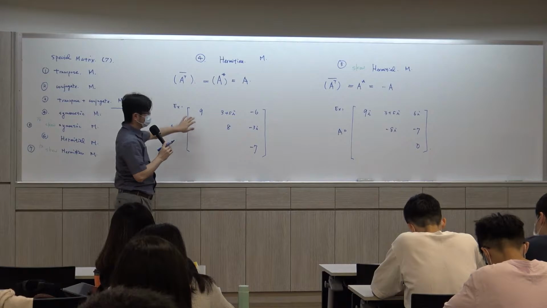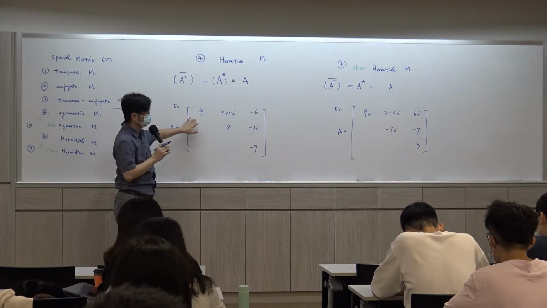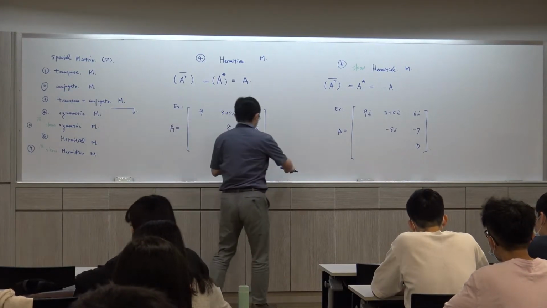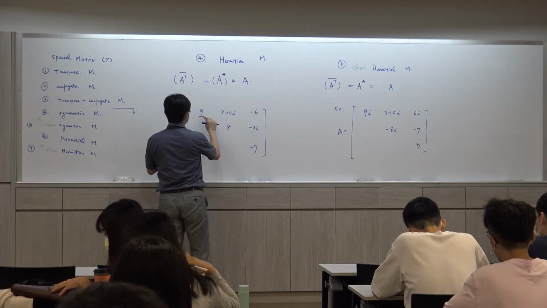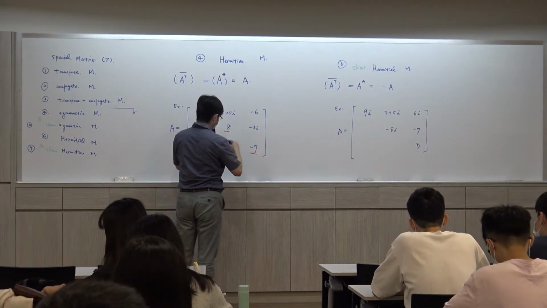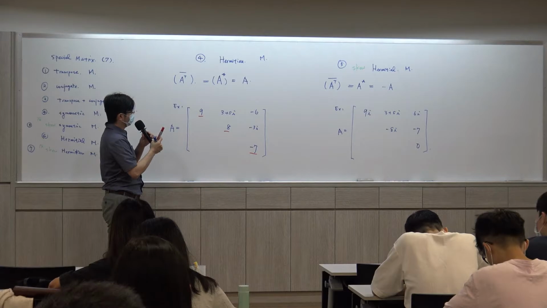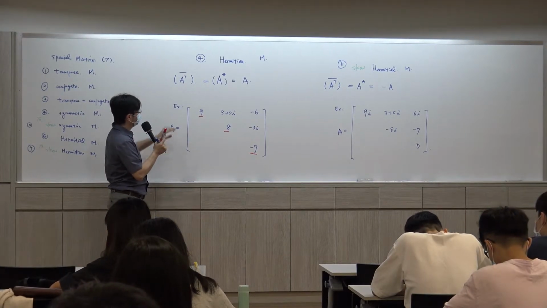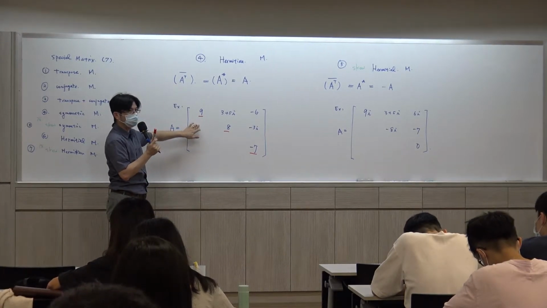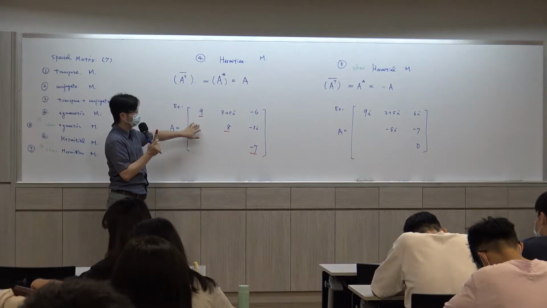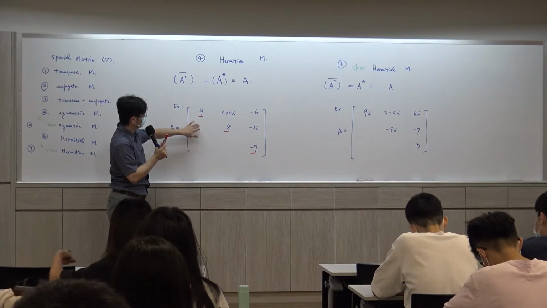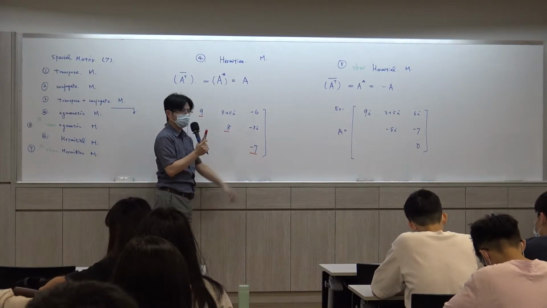They should be real numbers, right? So you can find the characteristic of the elements on the diagonal axis.